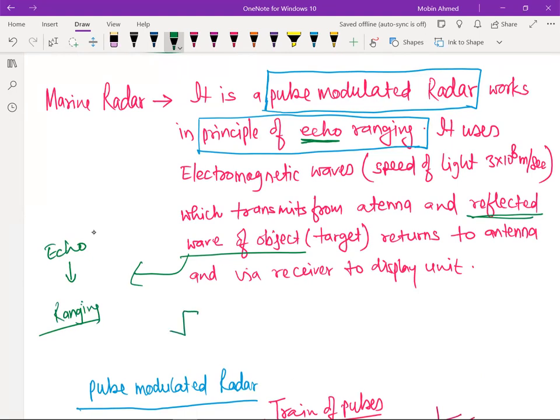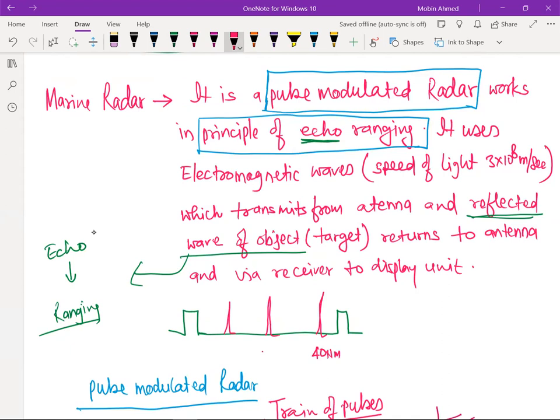Because I am sending a pulse, and I know it is going and coming back after striking the target. Now the target which is nearby will appear here. If it is a little far, it is going to appear here. If it is more far, it is going to appear here. Suppose maximum range is 45 nautical miles, and this target which is appearing is at 40 nautical miles.